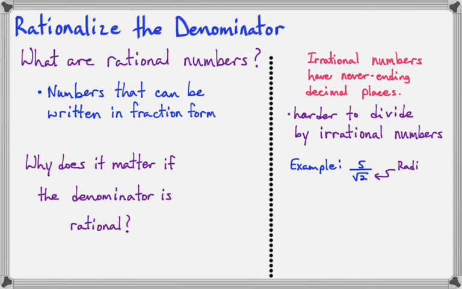For example, just for a simple example, 5 divided by square root of 2. Well, you would first have to come up with a decimal approximation for square root of 2, which is approximately 1.41421, and you might round that off and not need all those decimal places.